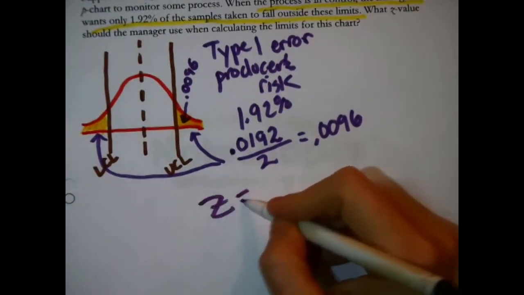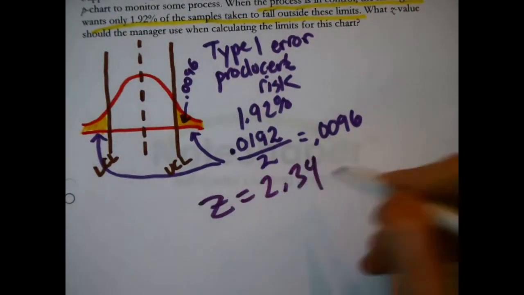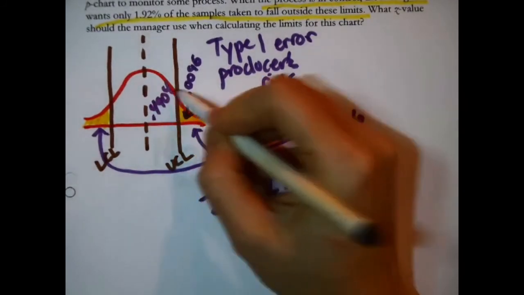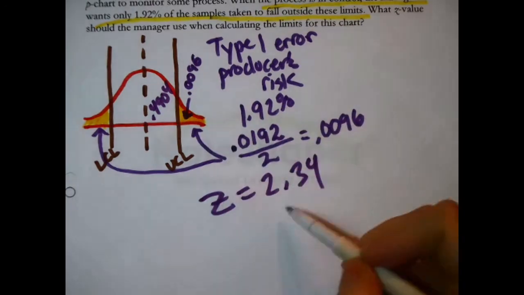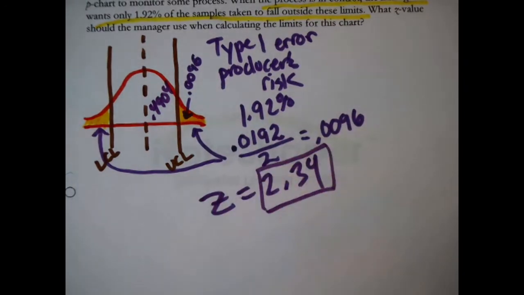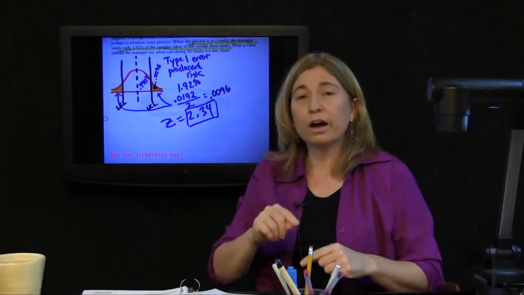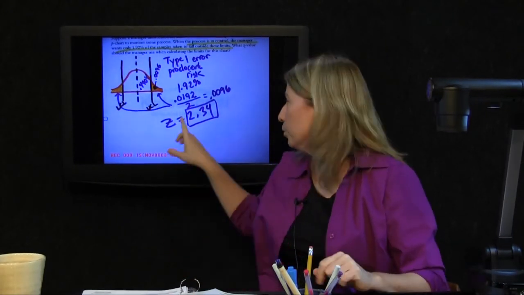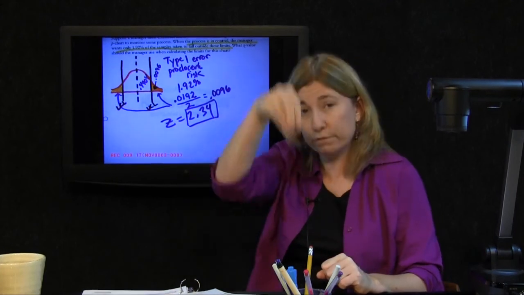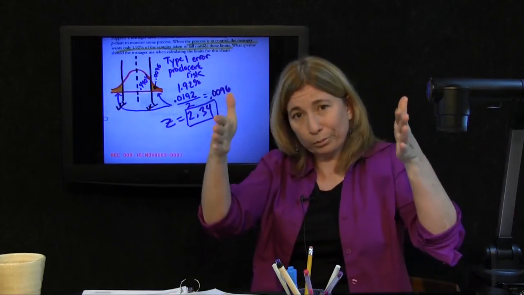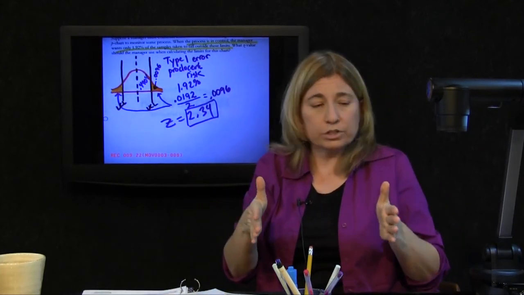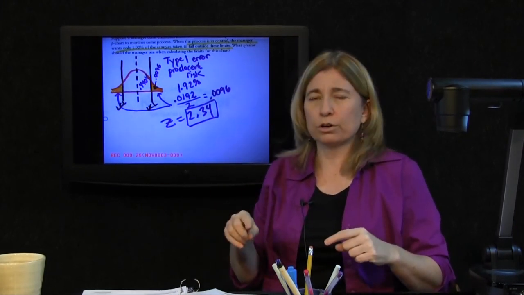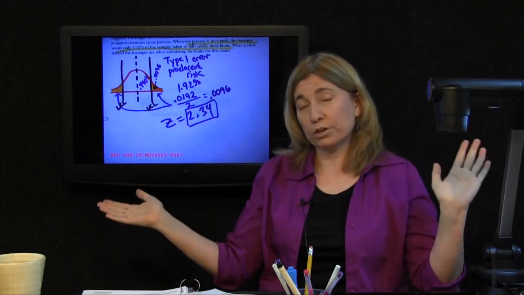Z equals 2.34, right? I got that by looking up 0.4904 on the table. That's the z that it belongs to, so to speak, so that when you are using the formula for the upper control limit and the lower control limit and you put 2.34 in for the z value, it's going to place the borders such that 1.92% of that natural curve is actually excluded or outside of those limits.